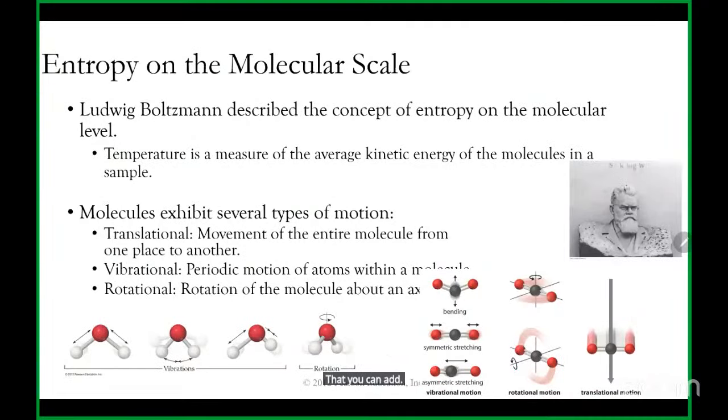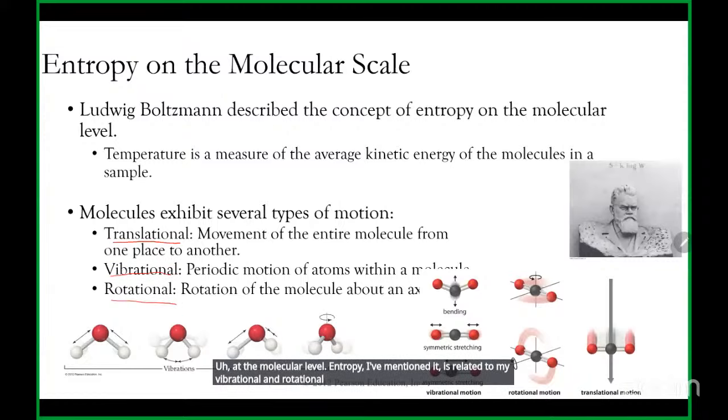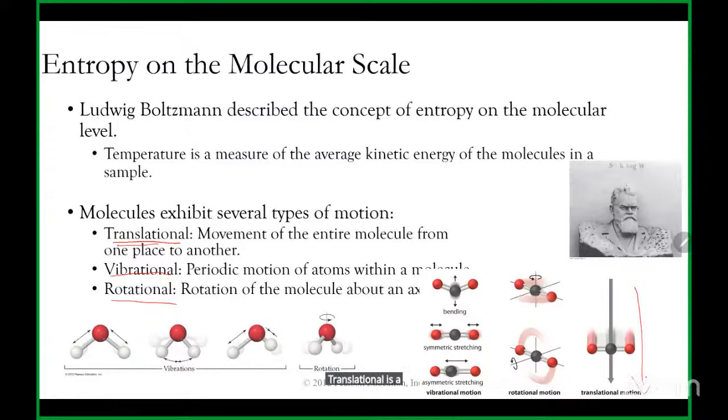So let's talk more. That slide is not supposed to be there. At the molecular level, entropy, as I've mentioned, is related to the vibrational and rotational motions present in a molecule. Translational is straight-line motion.